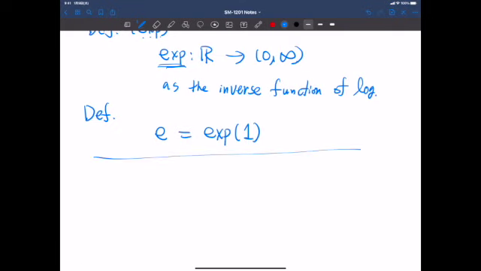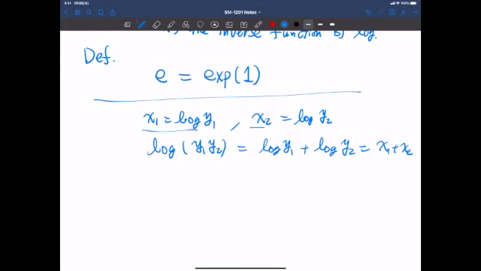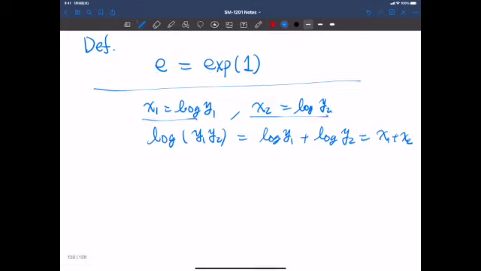Okay, so let's see some properties of this function. So if x1 is equal to log y1 and x2 is equal to log y2, then we have seen that log of y1 times y2 is equal to log of y1 plus log of y2, which is equal to x1 plus x2 by these definitions.